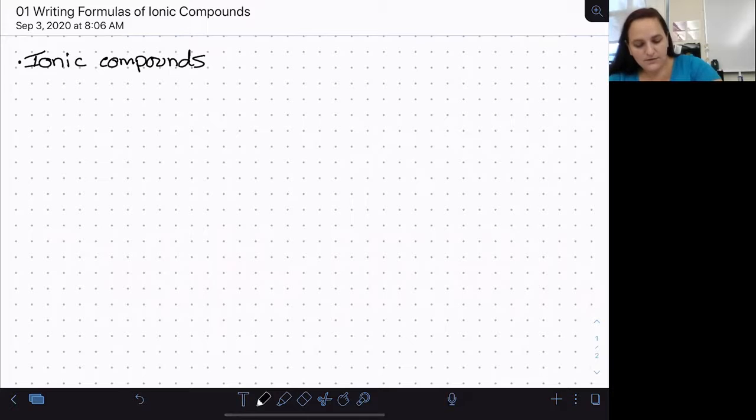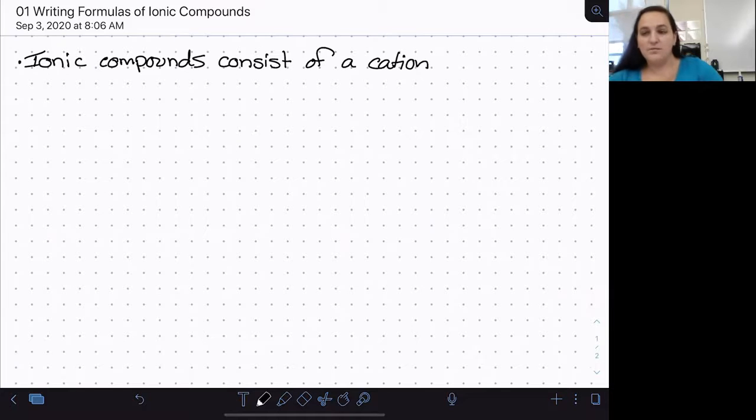For the purposes of this class, there will always be only one kind of cation and one kind of anion. There may be more than one of the same type in order to balance the charge, but more on that in a moment. All of the cations will be the same, all of the anions will be the same.